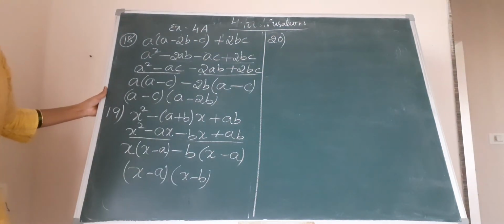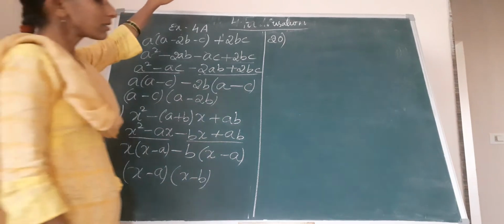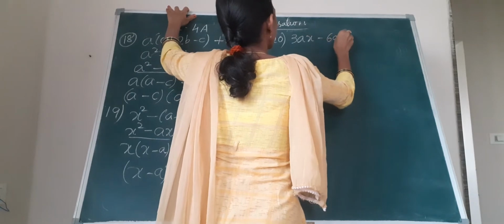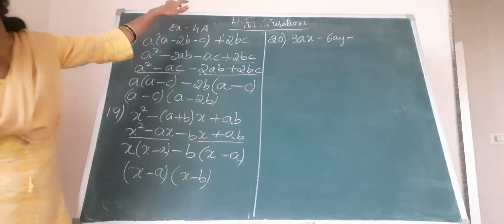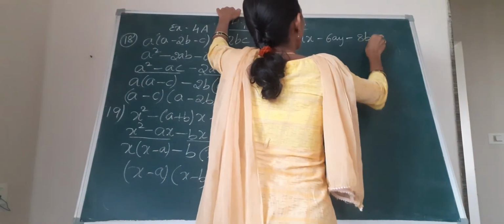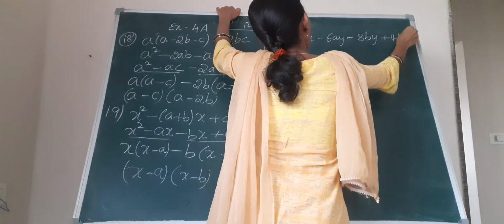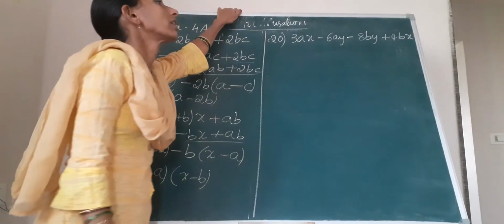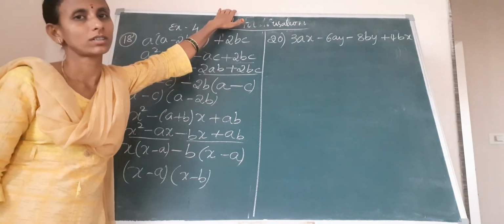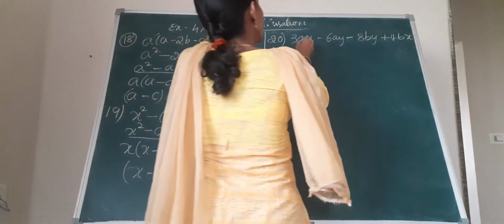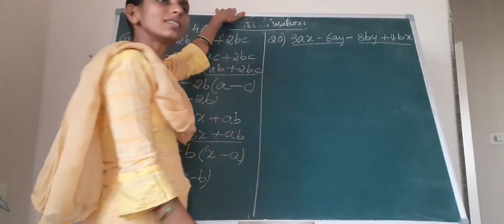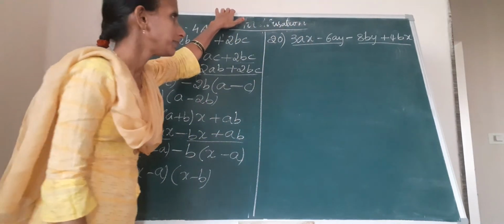Okay. So next question. 3ax minus 6ay plus 4bx ... Now, first we have to take a grouping here. So which terms can we take? These two terms as one group and these two terms as another group. Okay.